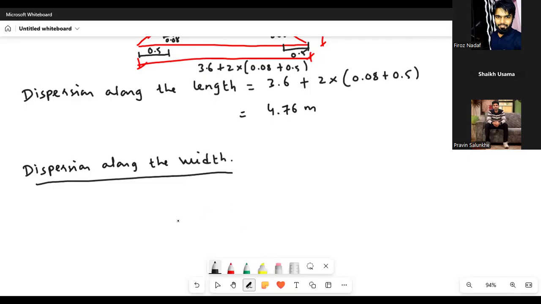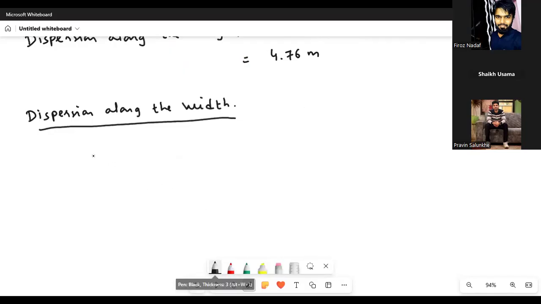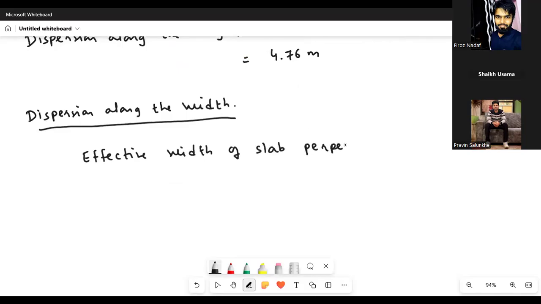Okay. So one term is there, effective width of slab perpendicular to span.